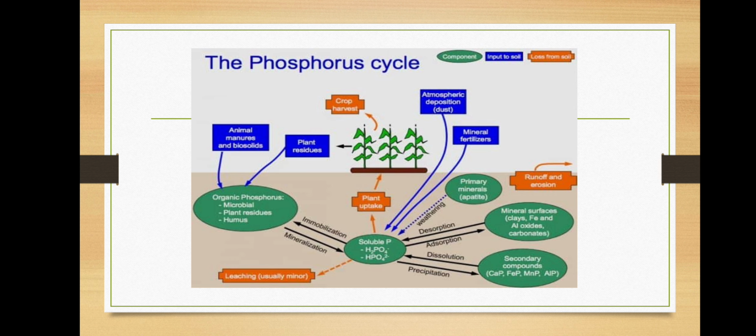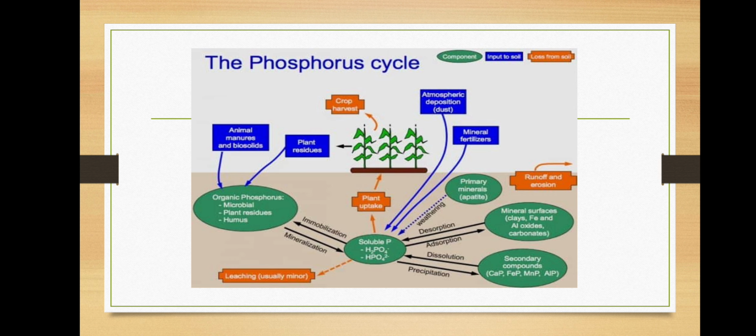In soluble phosphorus, two orthophosphates are present, and they will go to organic phosphorus: microbial, plant residues, and humus. It undergoes immobilization. They will not move from those parts. Then when these microbes, plant residues, and humus undergo mineralization, again it will add to the soil as phosphates.